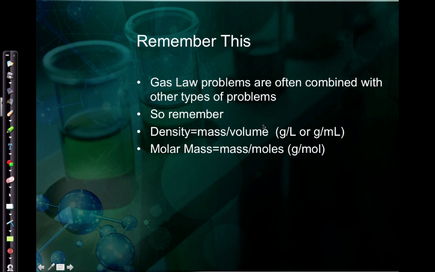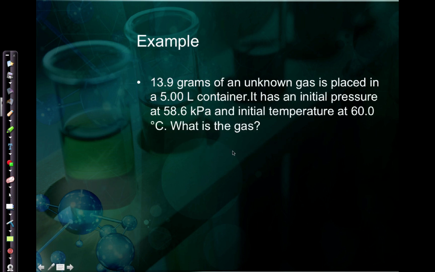So you're going to see density and molar mass applied in gas law questions. Okay, so let's look at an example. It says that we have 13.9 grams of an unknown gas placed in a 5-liter container that has an initial pressure of 58.6 kilopascals and an initial temperature of 60 degrees. What is the gas?